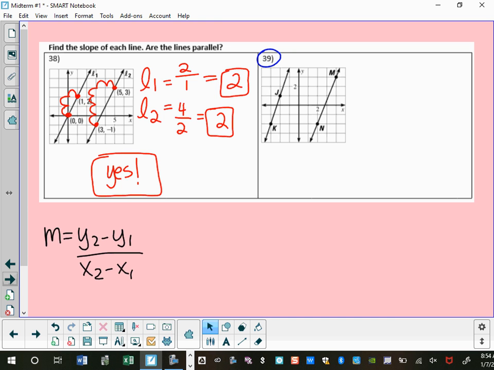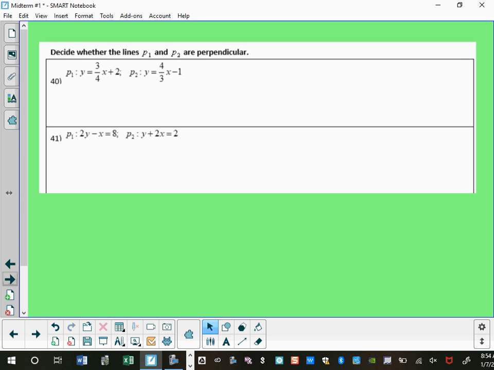All right, so number 40. Decide whether the lines P1 and P2 are perpendicular. What does this word perpendicular mean? What do my 2 lines have to make? What kind of angle? A right angle, right?